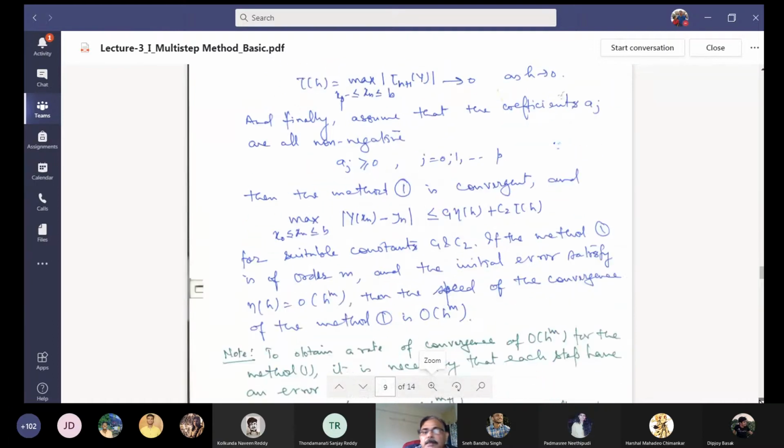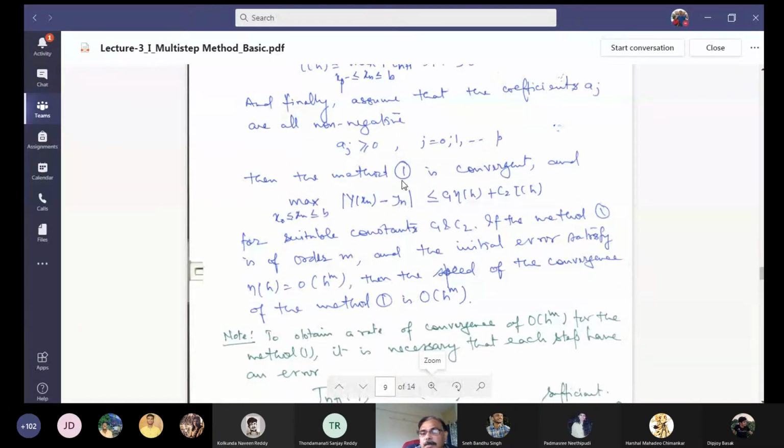Then the method 1 is convergent and maximum of y(x_n) minus y_n is less than or equal to C1 eta h plus C2 tau h, these are two constants. Eta h is the local truncation error for the initial values.